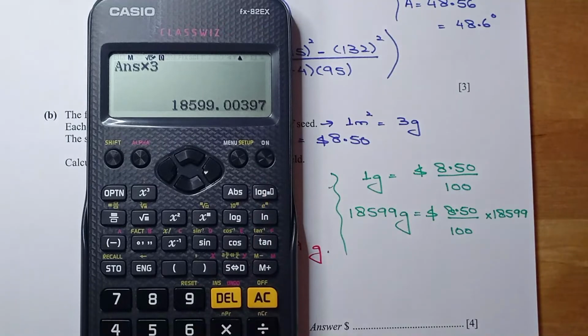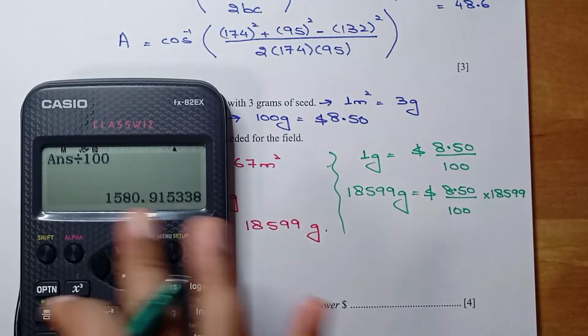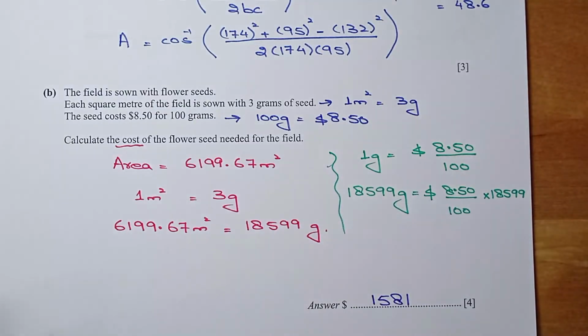Okay, 18599 times 8.50 divided by 100. So this is a cost that is $1,581 when I round it. $1,581.